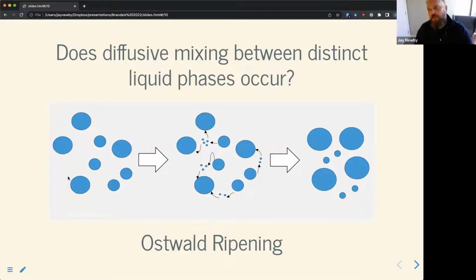Okay, so here's my main beef with thinking about these phase separated droplets as membraneless organelles. Here's one of the main differences between a condensate and something like an organelle that's wrapped in a membrane, right? There's the well-known phenomenon called Ostwald ripening.